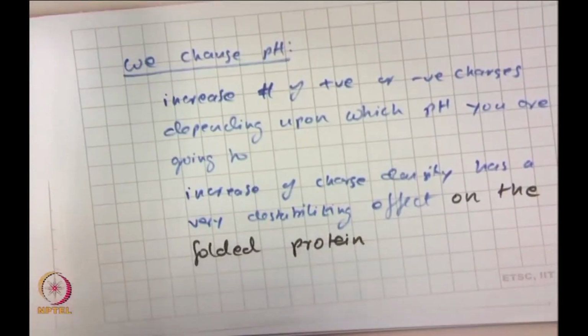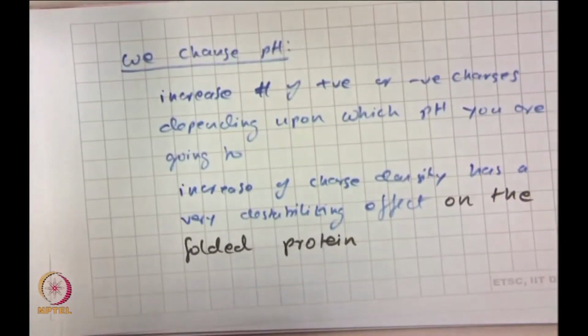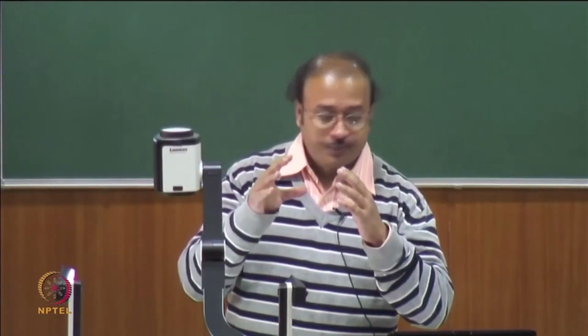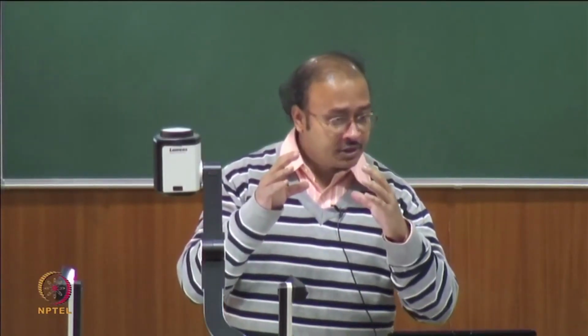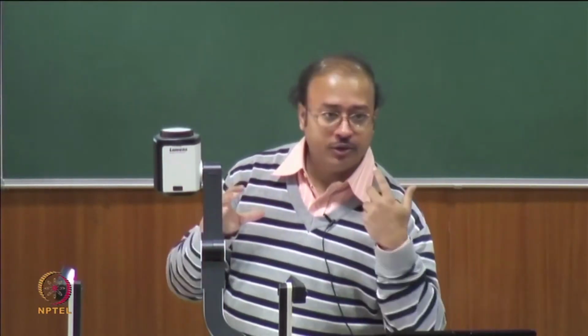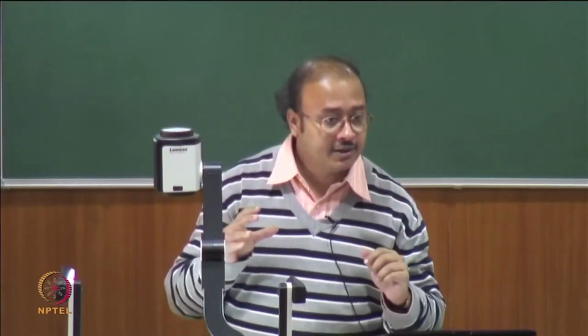Now, what do I mean by that? Remember, a folded protein is a compact protein, so the volume is small. When you increase the charge density, that means you either acidify it, increasing the positive charge, or you go to the alkaline side, increasing the negative charges.